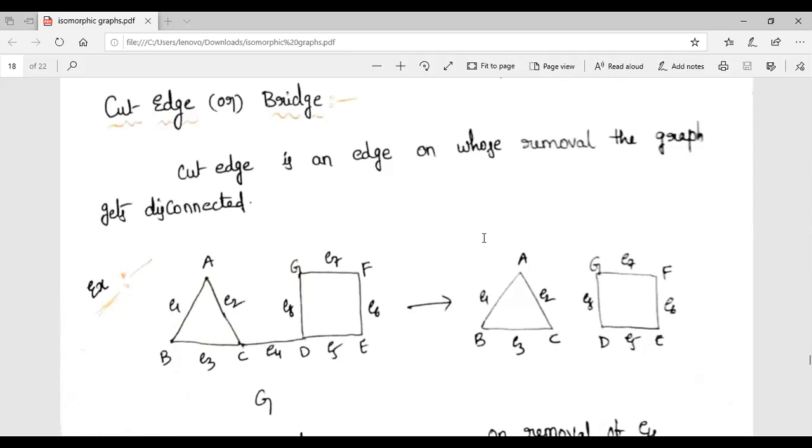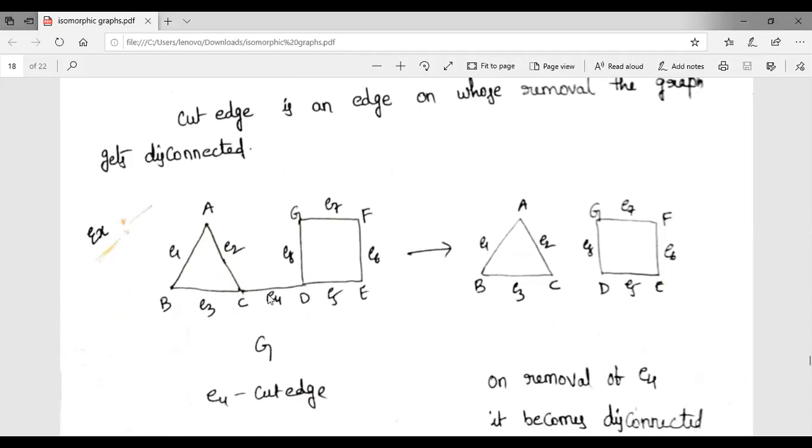If we remove E4, this connected graph becomes disconnected. A, B, C on one side and G, F, C, D on the other, there is no connection between these two graphs, so this is a disconnected graph. On removal of E4, the given connected graph becomes disconnected, so E4 is called cut edge.